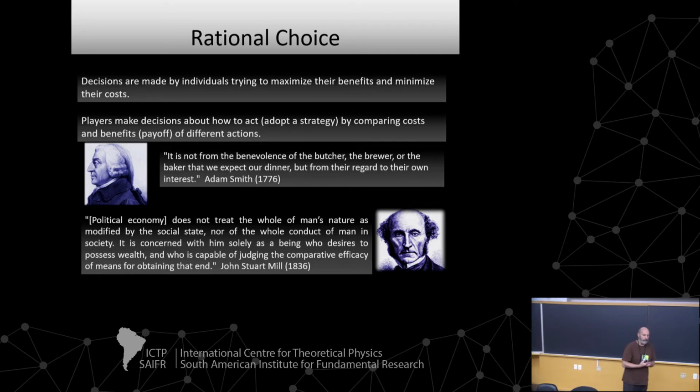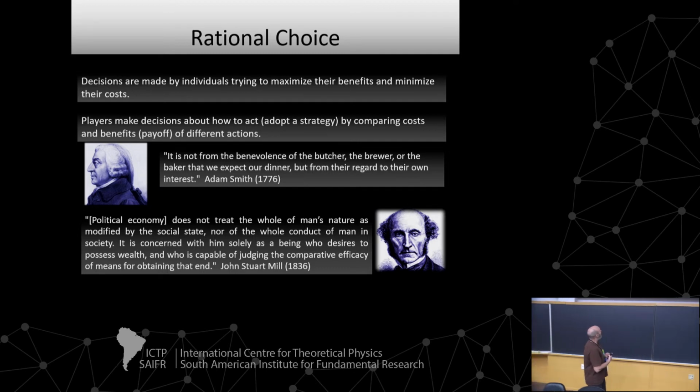Adam Smith, in 1776, wrote, "It is not from the benevolence of the butcher, the brewer, or the baker that we expect our dinner, but from their regard to their own interest." That means that the butcher will not give us our meat; he is selling this meat. He will have a price for it, and it's not that he's benevolent, he's making his own benefit in this transaction.